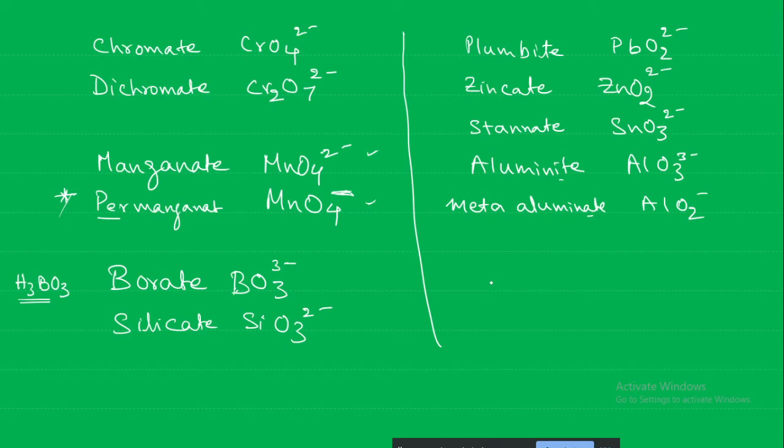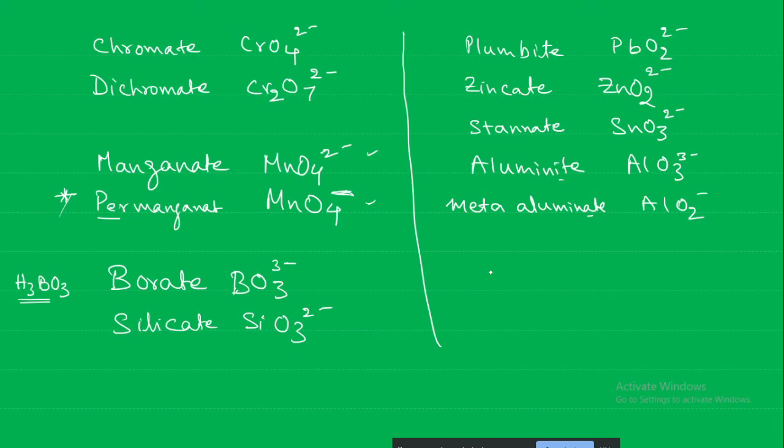Excuse me, sir. In the book, meta-aluminate is given and aluminate is given, but aluminite is not given. Aluminate is given as AlO3 3 minus. Let us verify. Aluminite, AlO3 3 minus; meta aluminate, AlO2 minus.